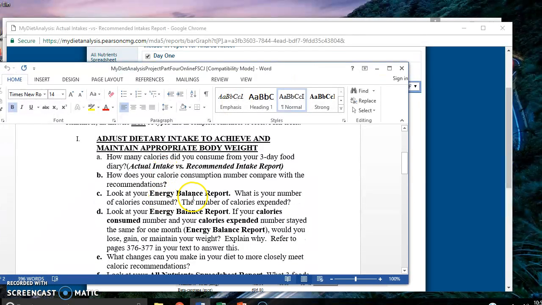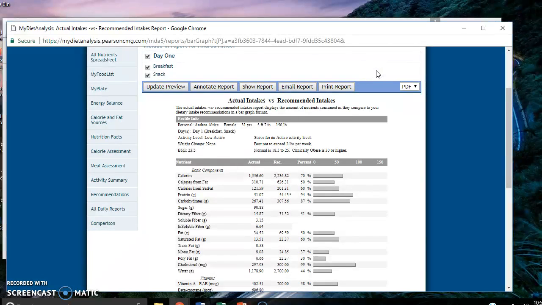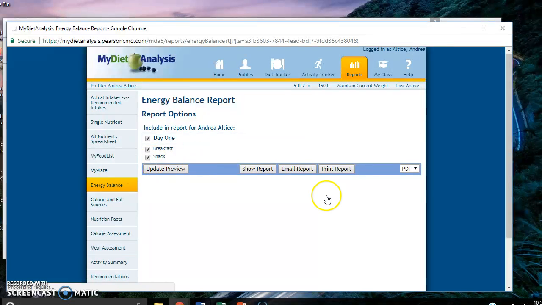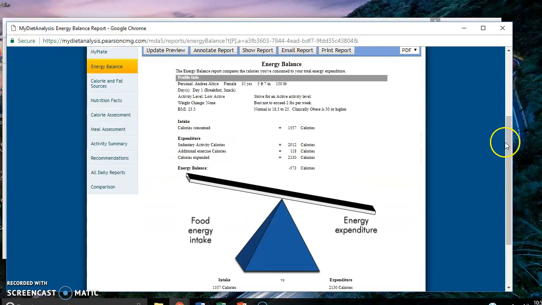Then you need to go to the energy balance report. What is your number of calories consumed and the number of calories expended? So if we go to the energy balance report, it shows here the number of calories consumed was 1,557.